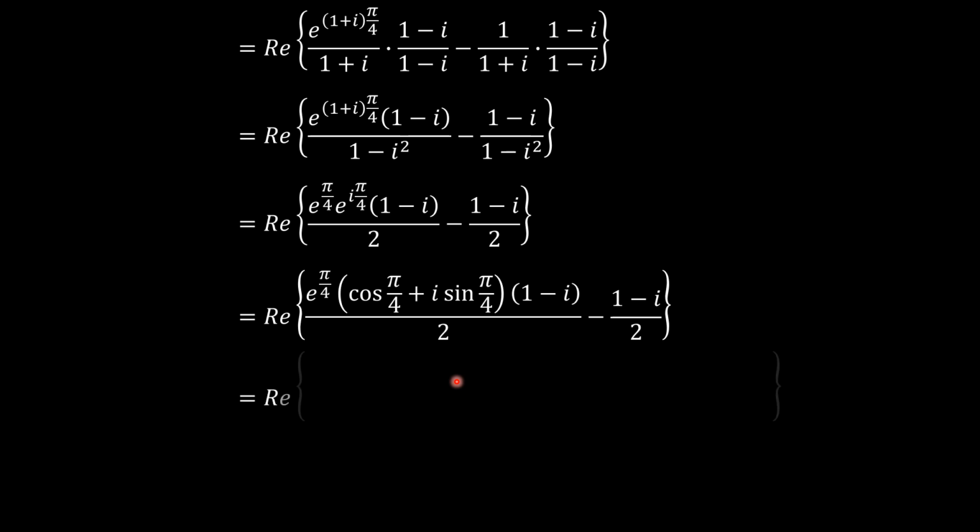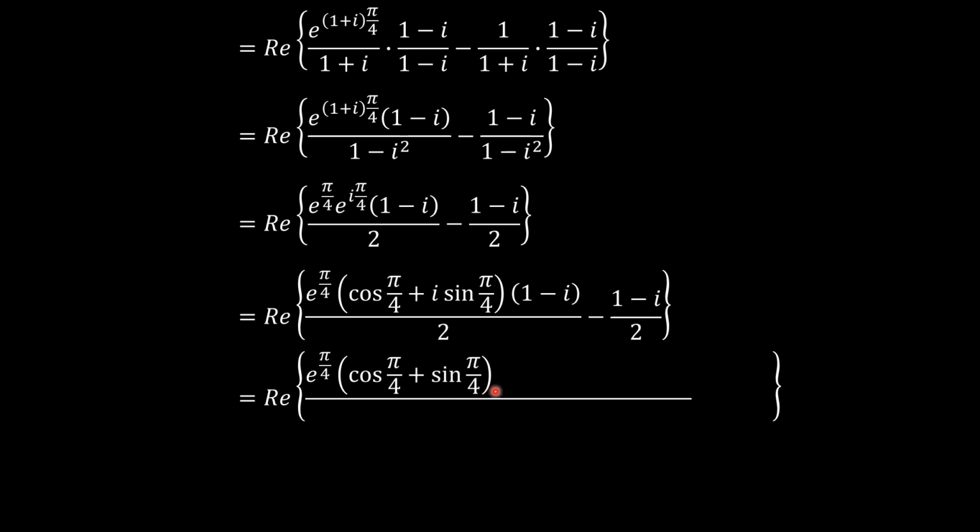And we can multiply that out, and here we get cosine pi over 4 plus sine pi over 4 plus I times sine pi over 4 minus cosine pi over 4. Sine pi over 4 is the same as cosine pi over 4, so this part just becomes 0.